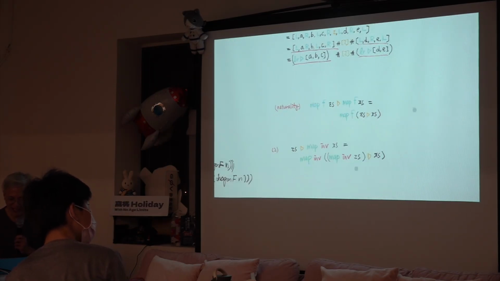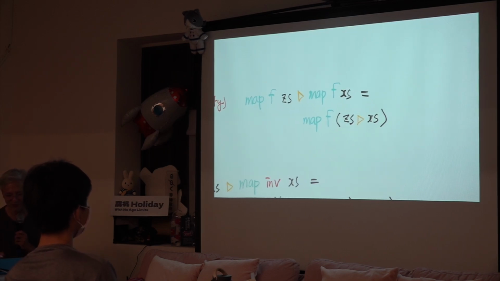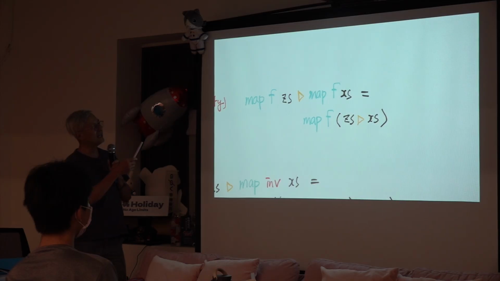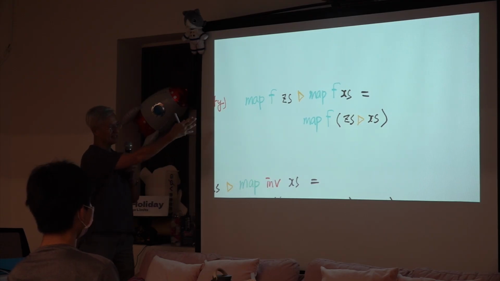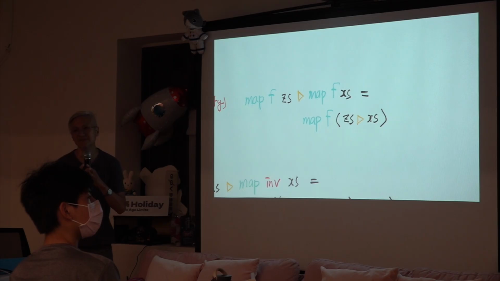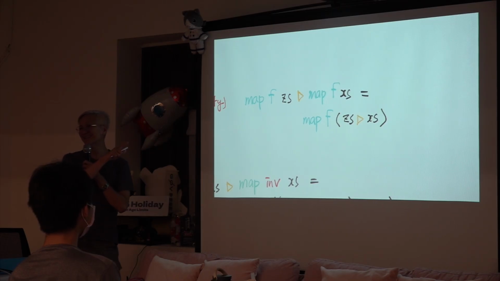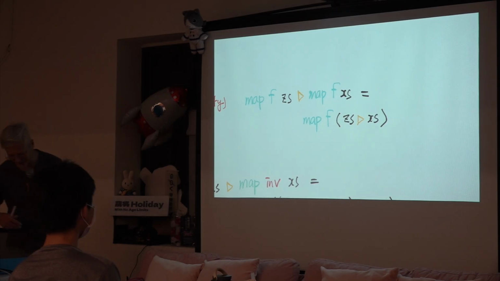LR interleave has this naturality property: if I have 2 lists, Zs and Xs, and I do F to everything in Zs, and also do F to everything in Xs, and then interleave them, it should be the same as just interleaving them, and then doing F to everything, right? Yeah. And it's actually a free theorem. Okay, that's a technical term we use.